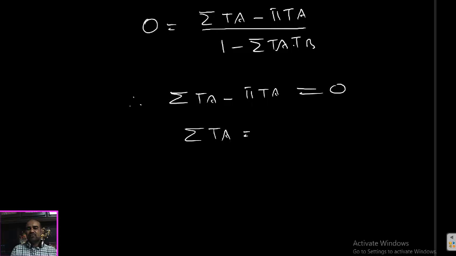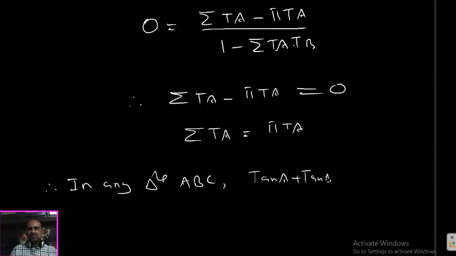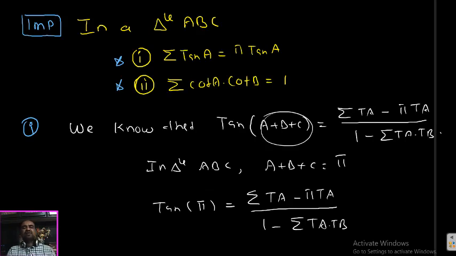Sigma tan A equal to pi tan A. Therefore, in any triangle ABC, tan A plus tan B plus tan C equal to tan A into tan B into tan C. In a triangle PQR, I can say tan P plus tan Q plus tan R equal to tan P into tan Q into tan R only. So, important result.